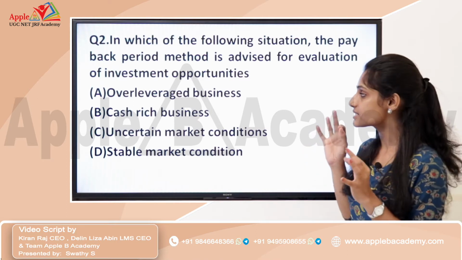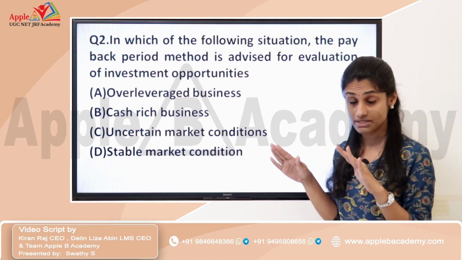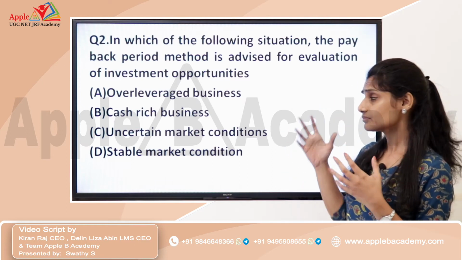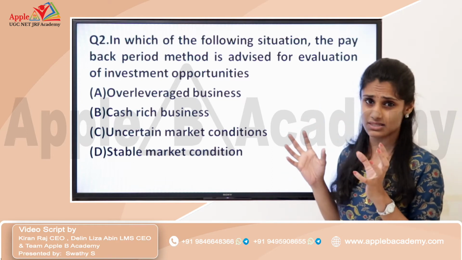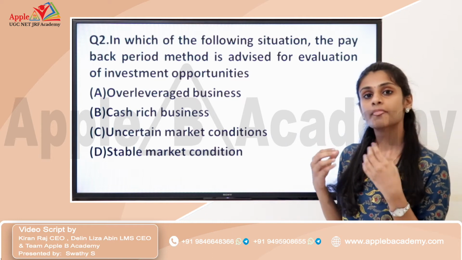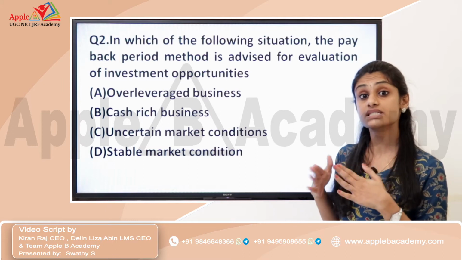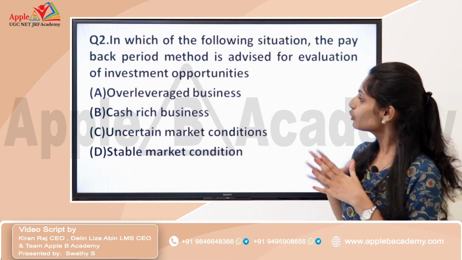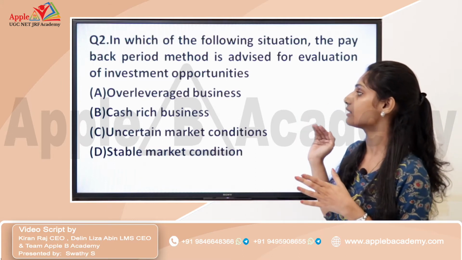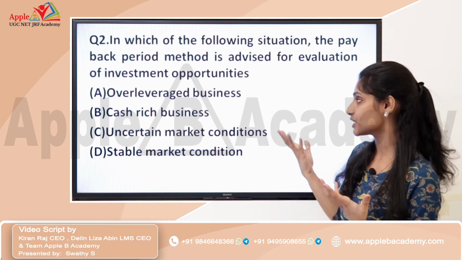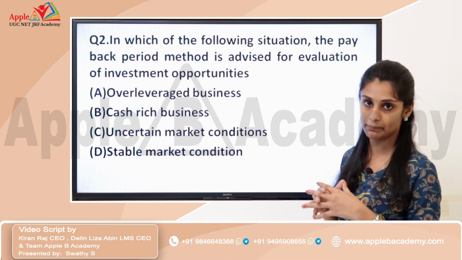It is not a balanced leverage, it is over leveraged, and in such a situation there is much risk. So for a risky firm, it is better to get back the amount they invested as early as possible, right? So for option A, if your concern is an over leveraged business, you can use the payback period.